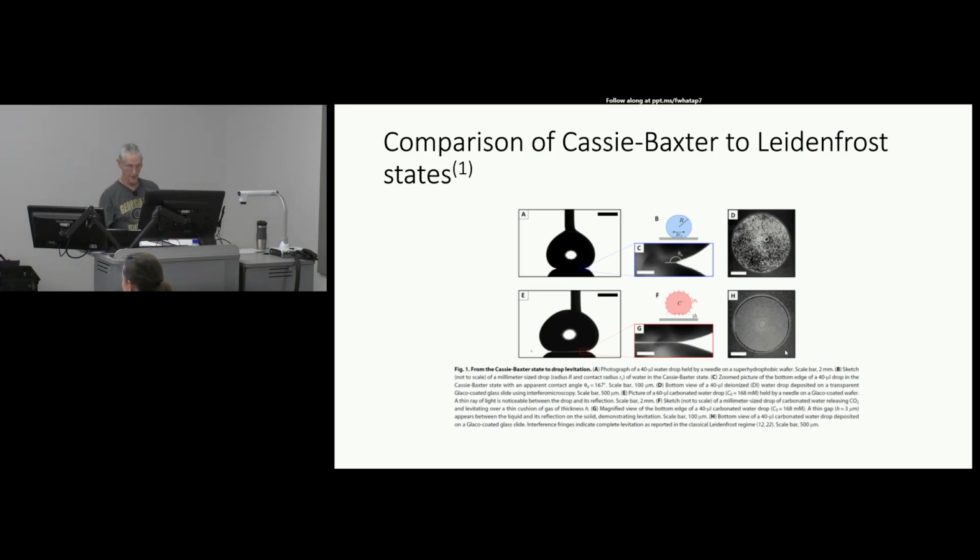Then they also measure it in D and H using interferometry, and the interference fringes from the bottom in H show that it actually is levitating as opposed to having contact on the tops of the rough surfaces, as you see in D.